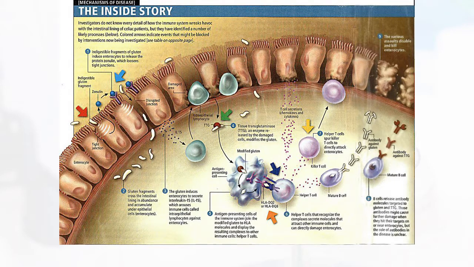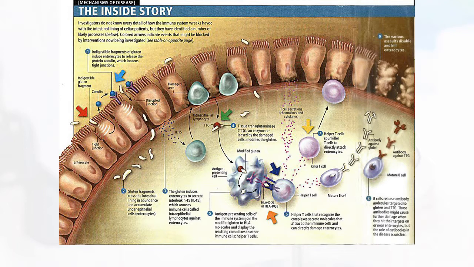Now, coming back to celiac, we have here in our graphic, again, the monolayer of enterocytes. And we have a gluten peptide triggering from the enterocyte the release of zonulin, which again binds to that CXCR3 receptor and opens up the tight junctions. And we get gluten fragments coming in.